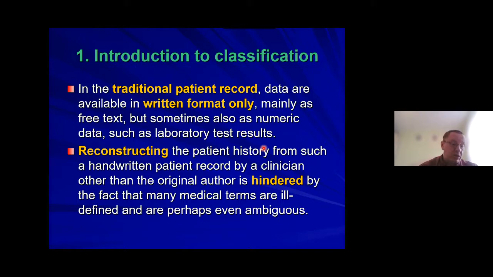And it was used for decades, even hundreds of years. Reconstruction of patient history from such a handwritten patient record by a clinician other than the original author is hindered by the fact that many medical terms are undefined and perhaps even ambiguous. Actually, even for the original author, after significant time, it's not easy to reconstruct the origin of data and needs some effort.